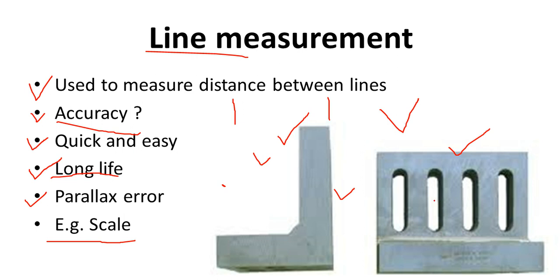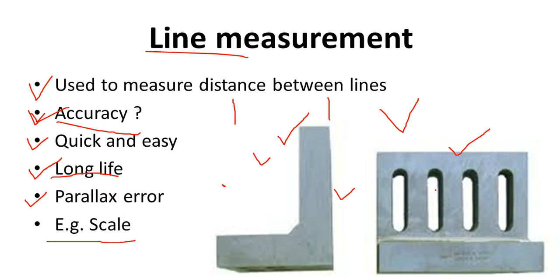If we take the help of edges and use line measurement, we will still get the measurement. But the accuracy of line measurement is around 0.2 to 0.5 mm, which is very low for precise measurements.